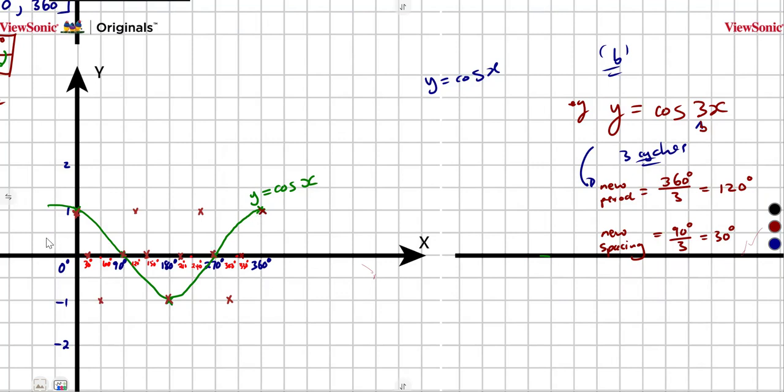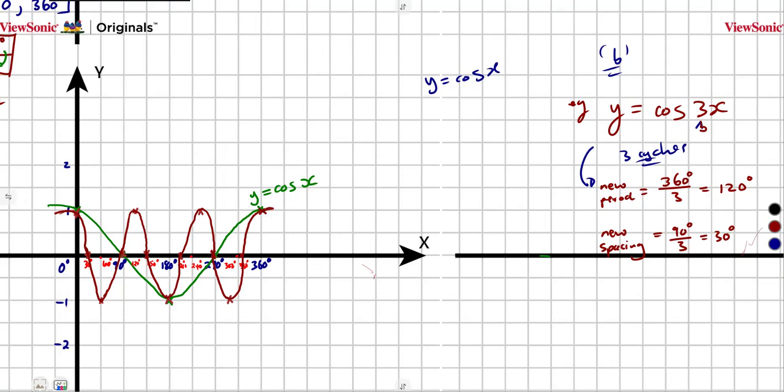So these circles are going to join these points: 30 degrees versus 0, -1 at 60, 90 degrees at 0, this one to 150 at 0, to 180 at -1. Just continue with that graph like that, 330 up to 360.